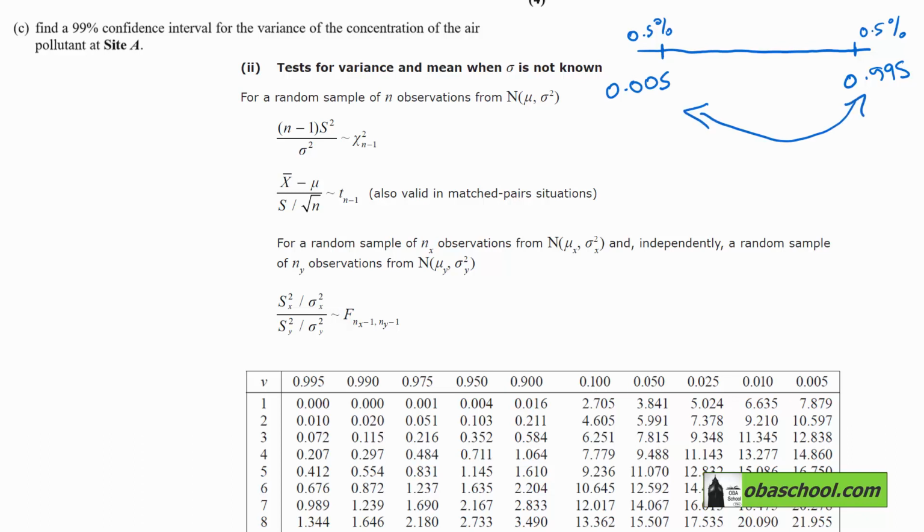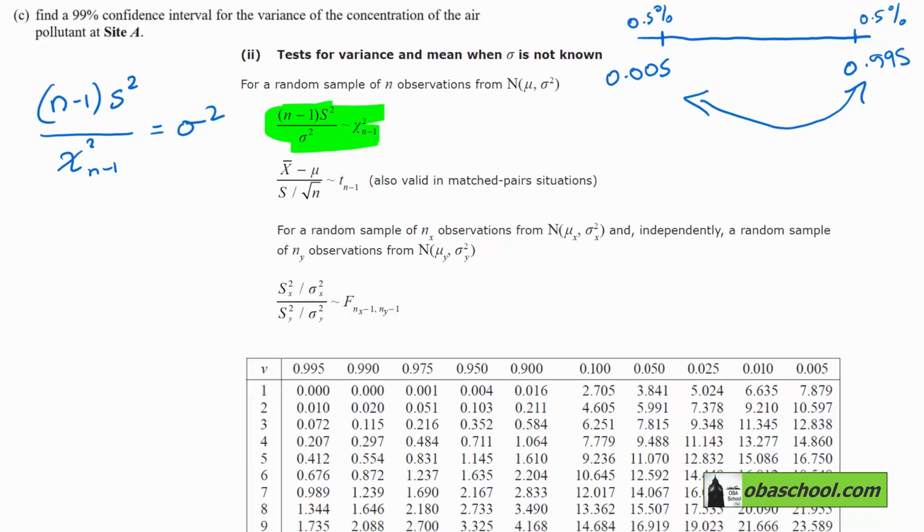What we're going to make use of is this, which we've got from the formula sheet. And so what we're going to have is n minus 1 s squared over the chi-squared n minus 1 value, and we're going to put that equal to the sigma squared.